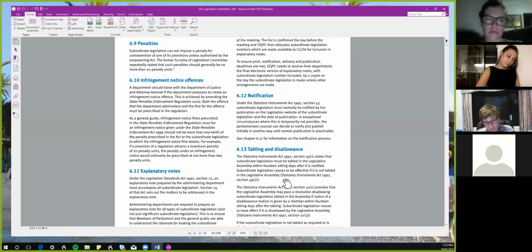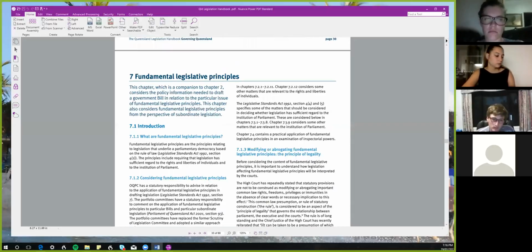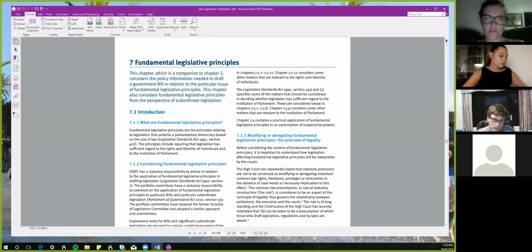Have a look at Section 7, which deals with fundamental legislative principles. Now this could be useful depending on the nature of the argument that you wish to advance. And 7.13, for example, deals with the principle of legality in terms of modifying or abrogating fundamental legislative principles.